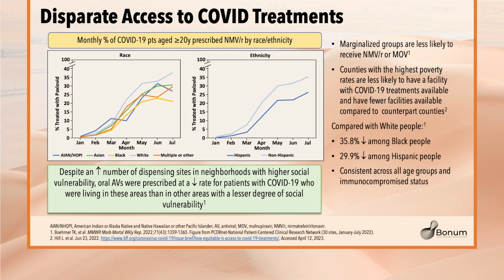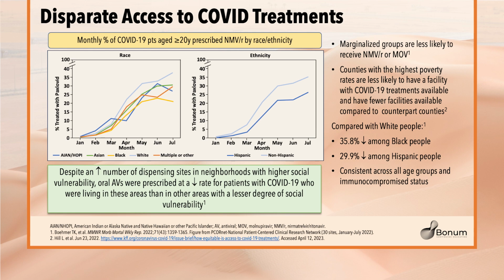Now, another thing I wanted to highlight is that there's also the evidence that there was disparate access to COVID-19 treatment. Some studies show that marginalized groups have less access to oral antivirals like nirmatrelvir/ritonavir or molnupiravir. And in fact, counties with the highest poverty rates were less likely to have healthcare resources available to vulnerable populations within them, and those individuals were therefore less likely to receive a prescription.